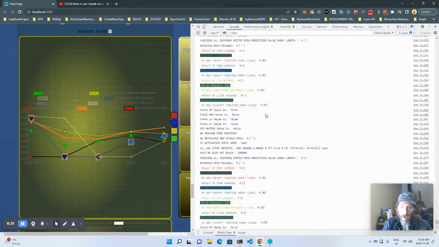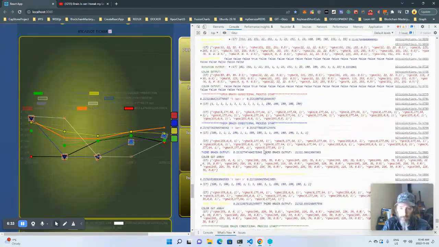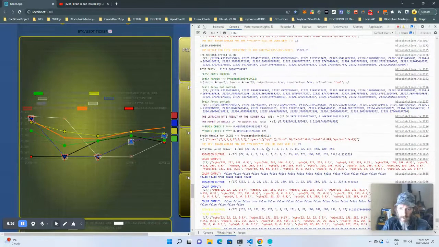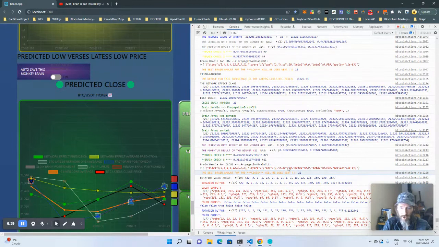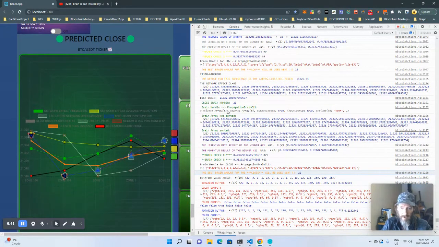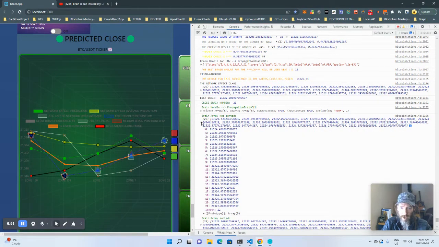So the next one is the close, because the close is hooked up and is doing its job. We can take a look. It was brain number 21. It used 22, right? So I have 22 here, not sorted.